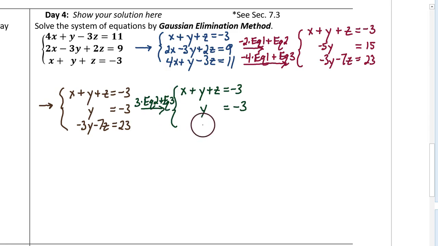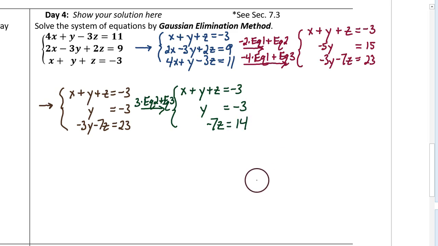Let's talk that through and write down the result. 3 times y is 3y. 3y plus -3y is eliminated. 3 times nothing z is like 0z, and then when you add the -7z, you still have the -7z. 3 times -3 is -9, and -9 plus 23 is 14.